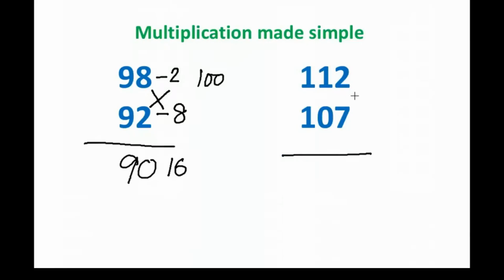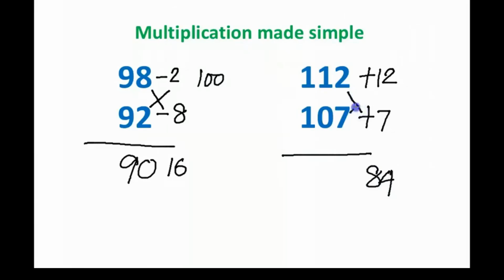That's all. Let's check one more example, which is 112 into 107. Here we see that both numbers are more than 100. The base is 100 but both numbers are more than 100. So I can write how much more each is. This is plus 12 and the next number is plus 7, since 107 is 7 more than 100.